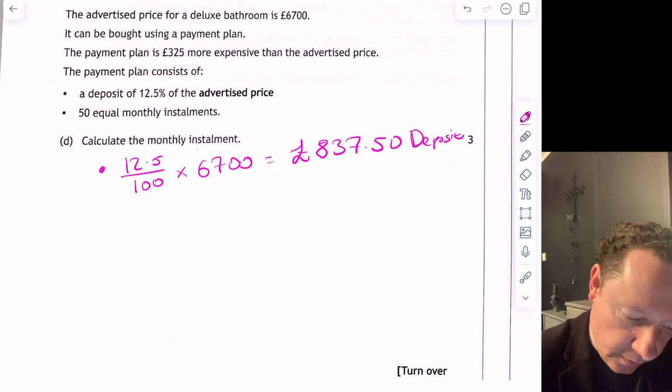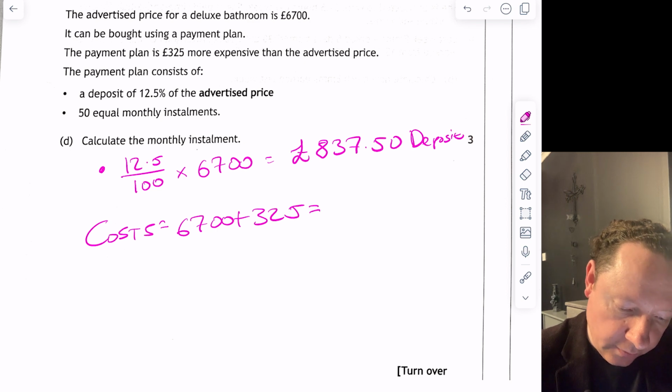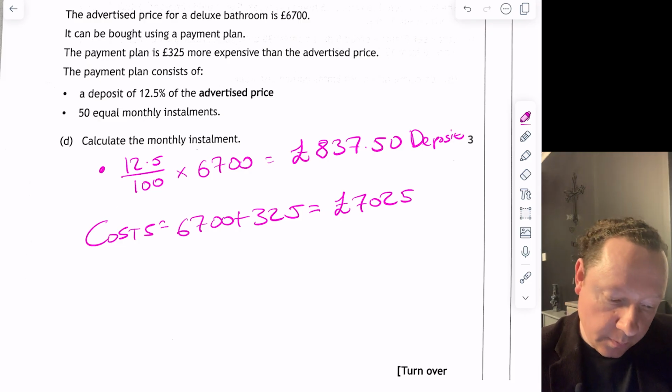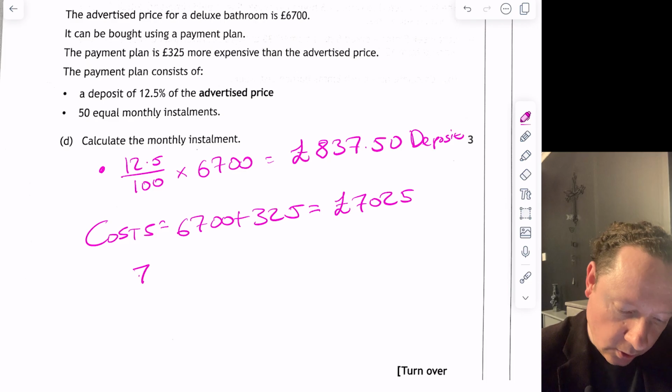Now it says I've got 50 equal monthly instalments, but the payment plan is 325 more. So it costs 6,700 plus 325. That's £7,025. So I've paid a deposit, so I take away the deposit and then I divide by 50. So I do 7,025 minus 837.50.